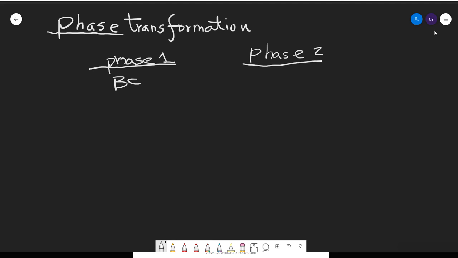Phase 1 is BCC phase and the other is FCC phase. This change we call a kind of phase transformation.